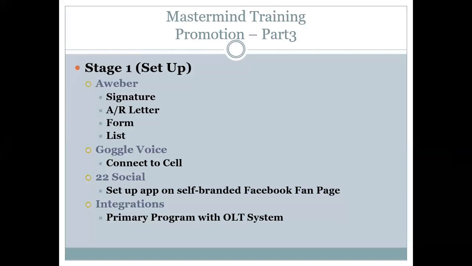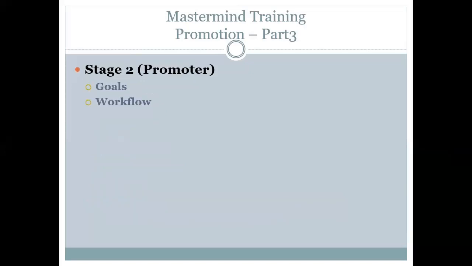As a result, you can still have your self-branded Facebook fan page, but instead of sending them to your 22 Social app, you may simply send them to the OLT system app using your referral link. So there are some stages, and we're going to check out those stages shortly when it comes to promotion. But in terms of the setup, the last piece here is integration of your primary program with the OLT online system.